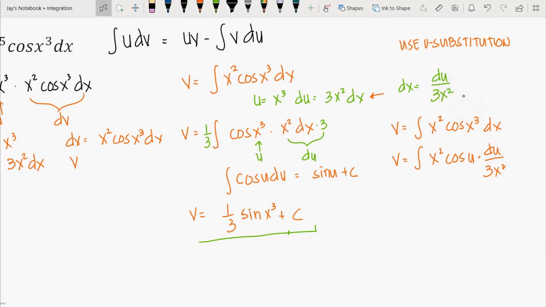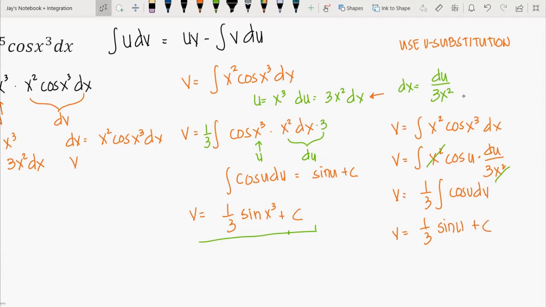So therefore, v is equal to, now take note, we can cancel out x squared, and the remaining would be 1/3. We can take 1/3 outside of the integrand. We have 1/3 the integration of cosine u du, and we know that the integral of cosine u is sine u plus c.